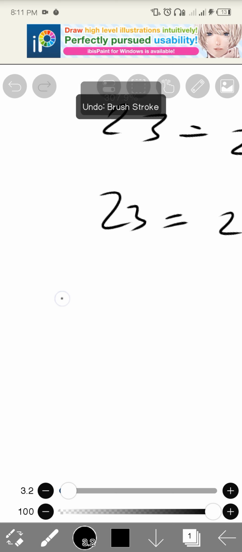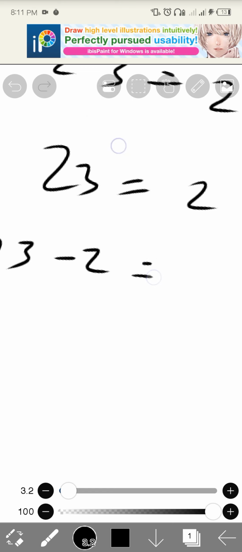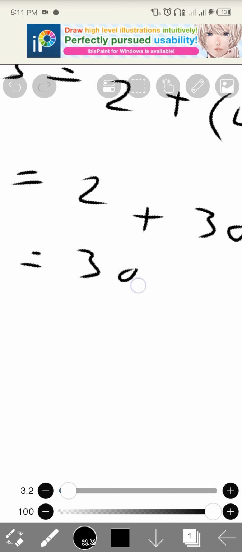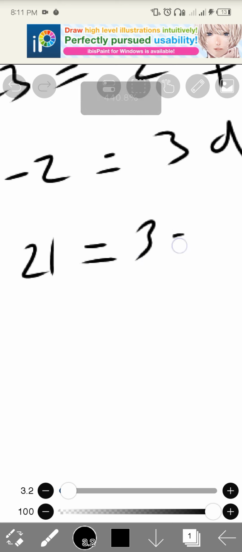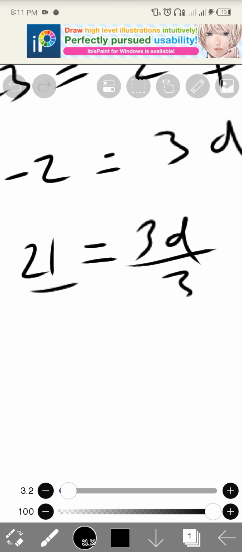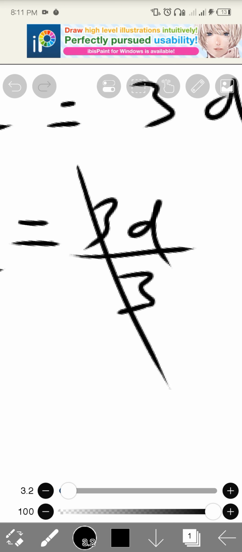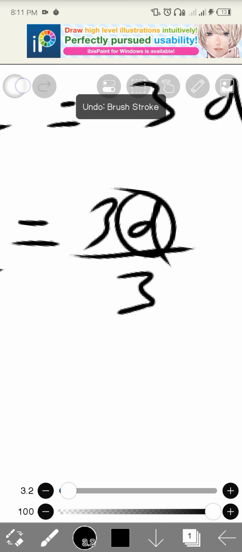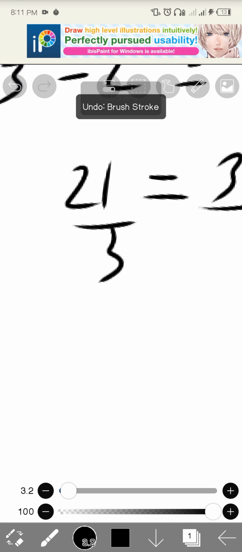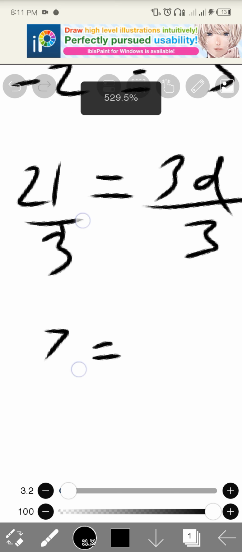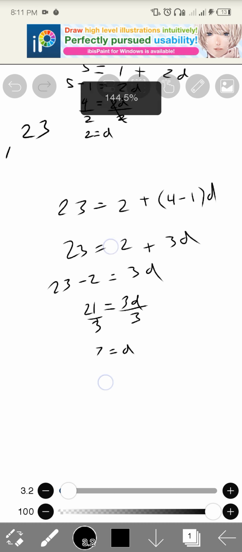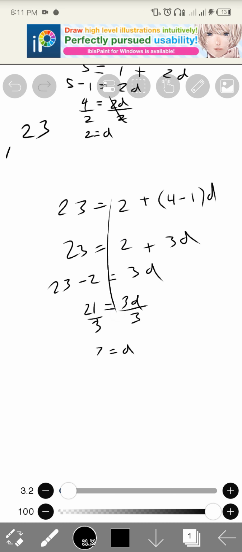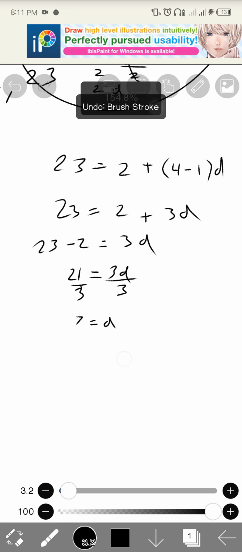So 23 minus 2 equals 3d. 21 equals 3d. Then we divide by 3 to cancel it and isolate d. 21 over 3 is basically 7. So 7 equals d.